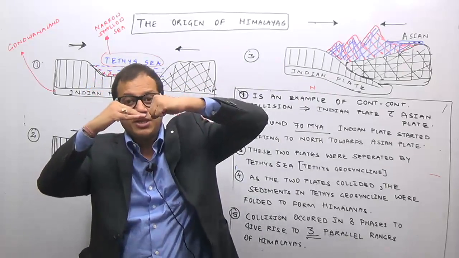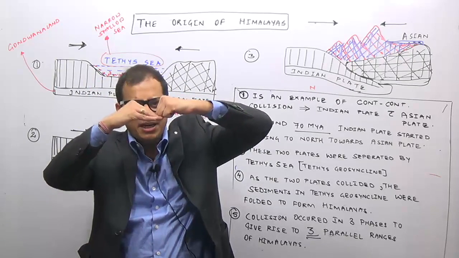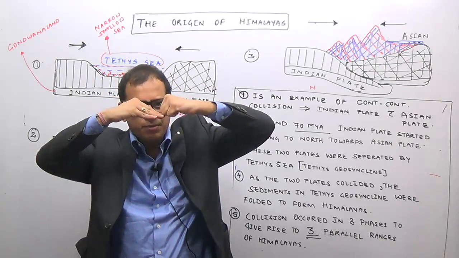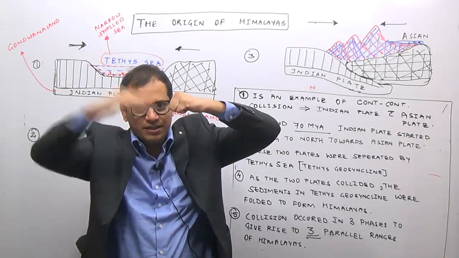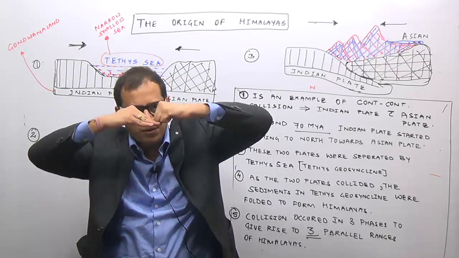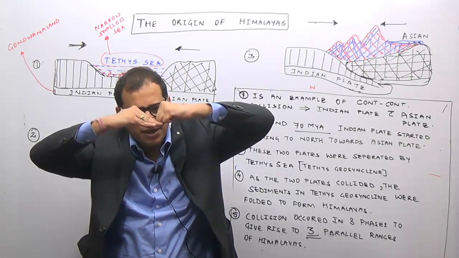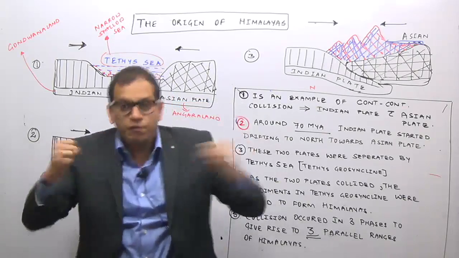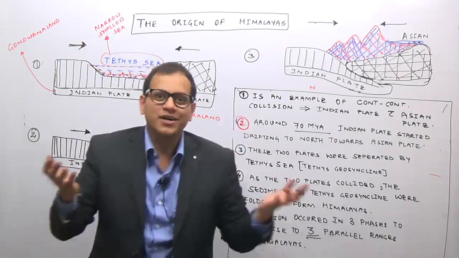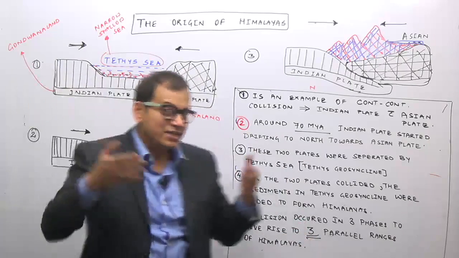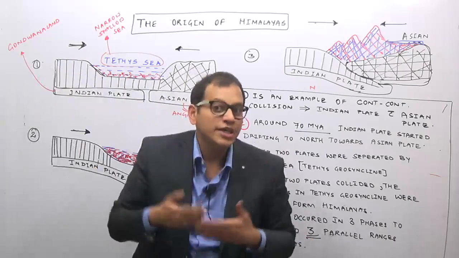If you consider my one hand as the Indian plate and this hand as the Asian plate, it is stable, but if it tries to push slightly below the Asian plate, the plate shakes, we shake, and we call it an earthquake. So even today, the Indian plate is trying to go below the Asian plate.